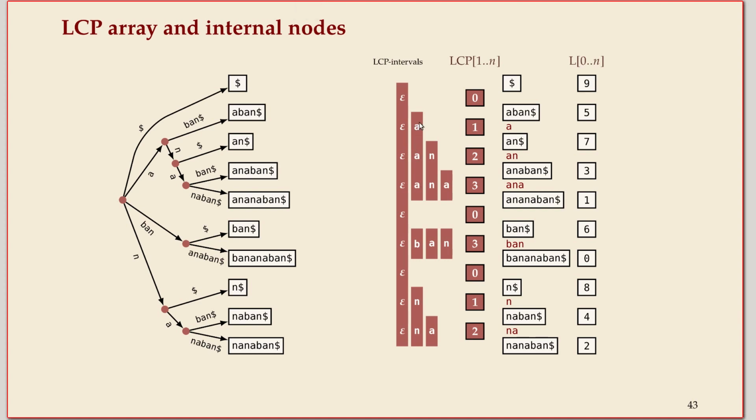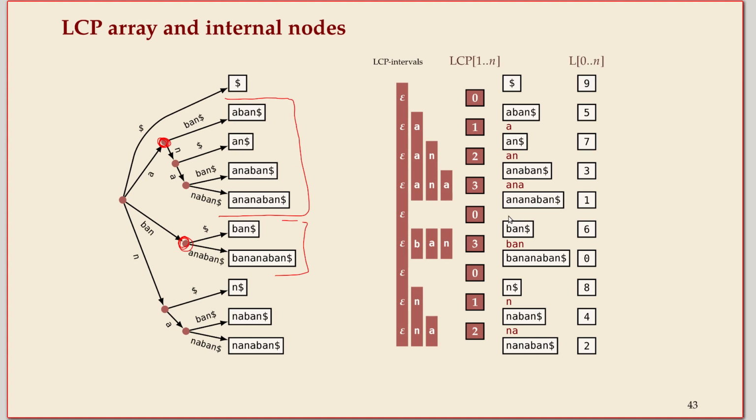Remember, the suffix tree is a trie, so all the strings that start with an A are grouped together under the node that I reach with A. So here's a node that represents all the strings that start with an A, and indeed, here they are. They're all the strings in this subtree. There's another internal node here that represents all the strings that start with ana, and here they are.